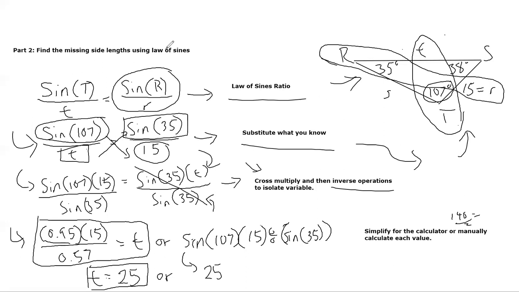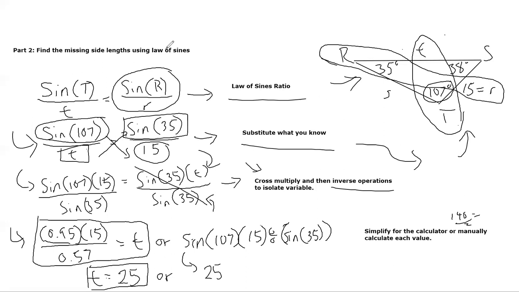And divided by 0.57. Multiply 0.95 times 15 in your calculator, and you're going to get 14 point something. That should be the number that pops up on your iPhone. Once you have the 14 point something, you put the division symbol, divided, and then 0.57, and press equals, and you should get your answer.